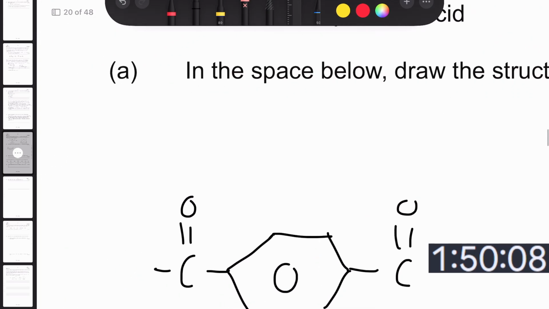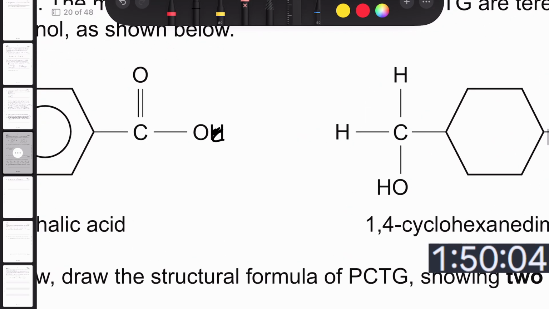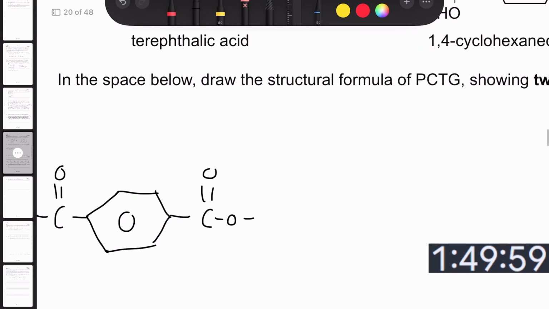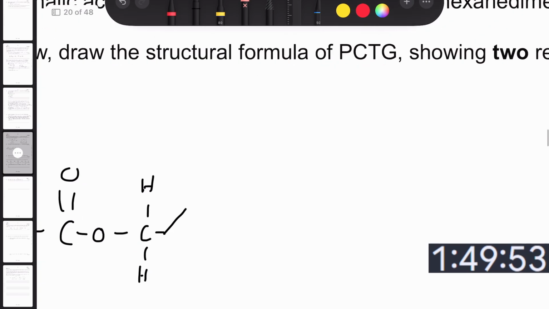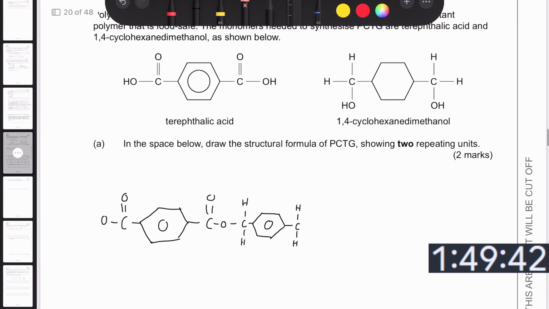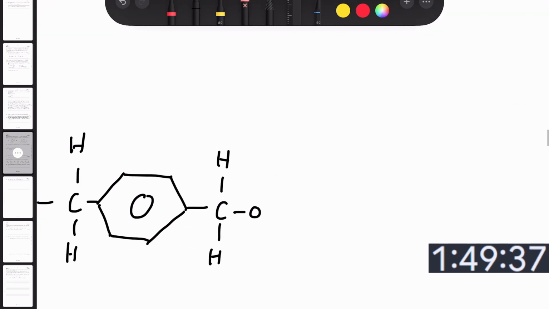Oh, okay. So here they only lose the H because that's the acid, and this one will lose the full OH. So we have the O still, and then the C, the polyester. O C H H, and it wants 2 repeating units, so that's 1 monomer. So we need another 2 of these.